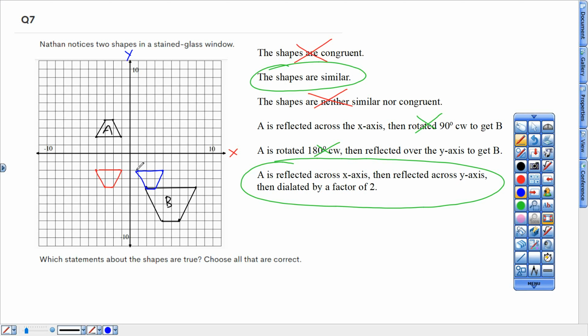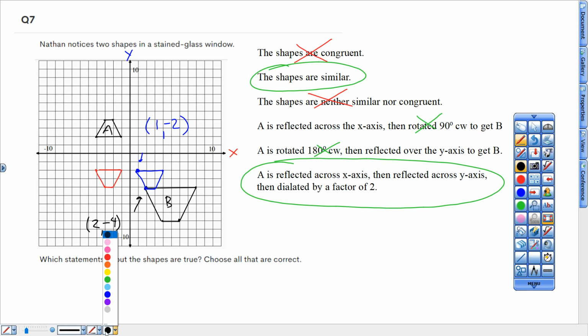To get from there to B, it grew. And if you really want to see, it is growing by a factor of 2. That point right here, that used to be the original point when I did the first reflection, is 1 for x, negative 2 for y. This new point right here for the growing part, you could see that point right here is the point 2 for x, negative 4 for y.